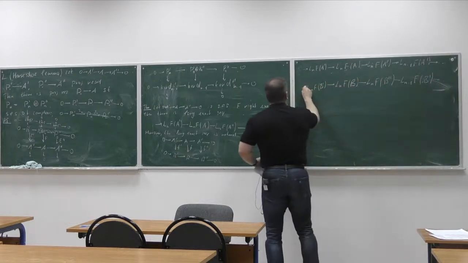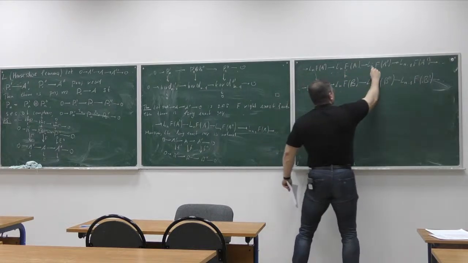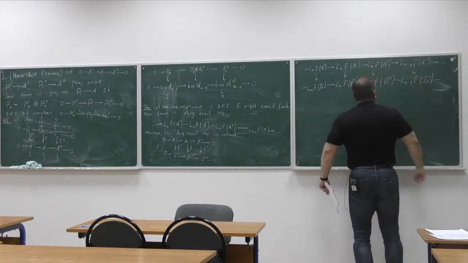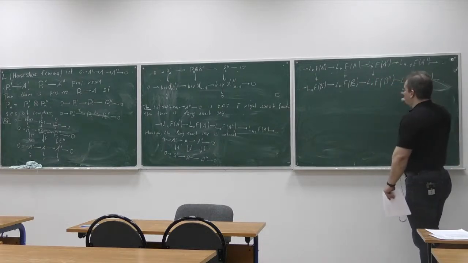And of course the naturality condition is that we have maps between those exact sequences and every square is commutative. So there's such a commutative ladder, infinite to the left.